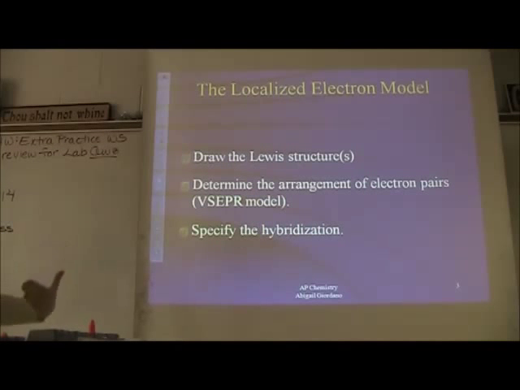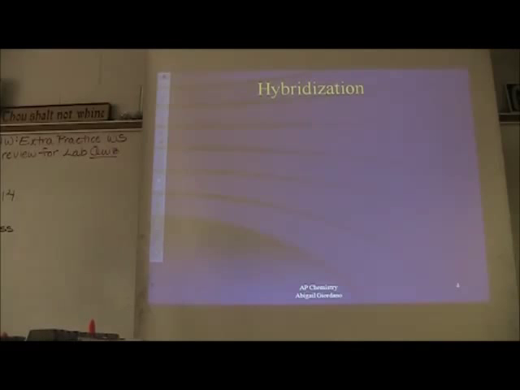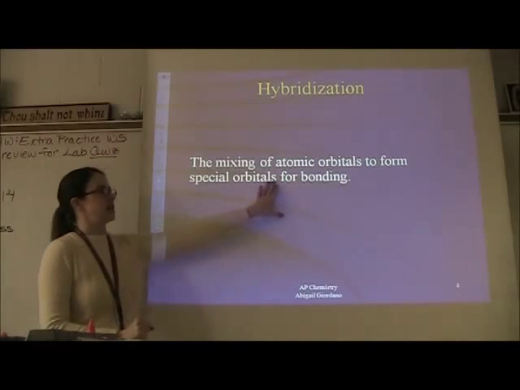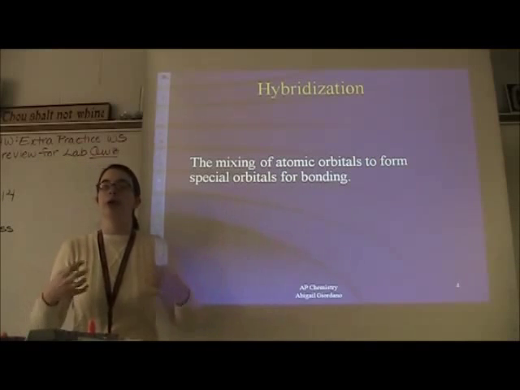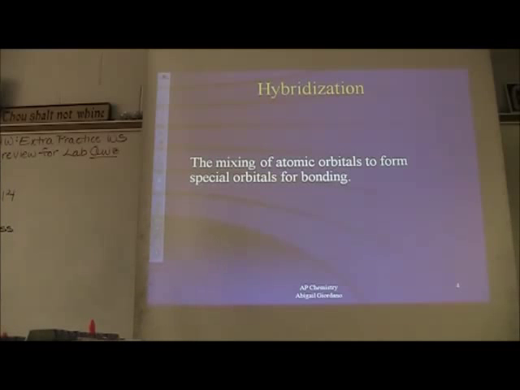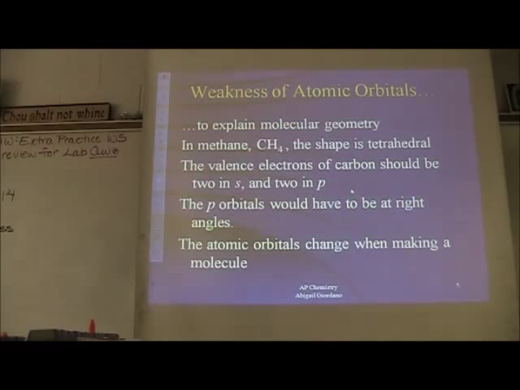Well, when we talk about hybridization in chemistry, what are we blending together? We are blending electron orbitals together, okay? We're actually going to be blending their shapes together, okay? And we're going to start with a very simple example.